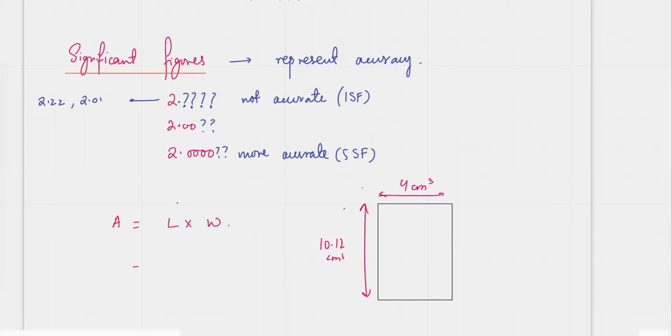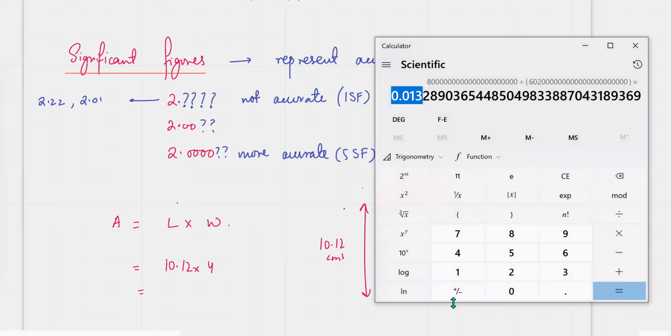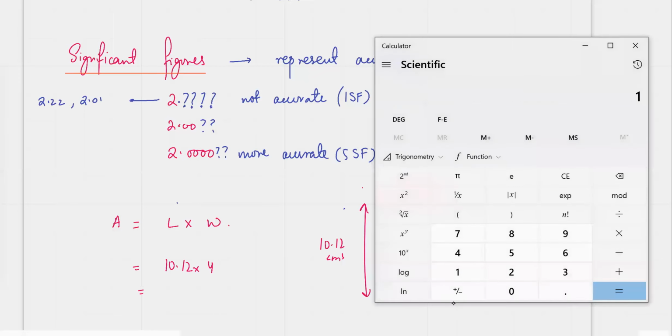So I need to find the area now. It's going to be the length, which is 10.12, multiplied by the width, which is 4. So it's 10.12, and I'm going to multiply that by 4.